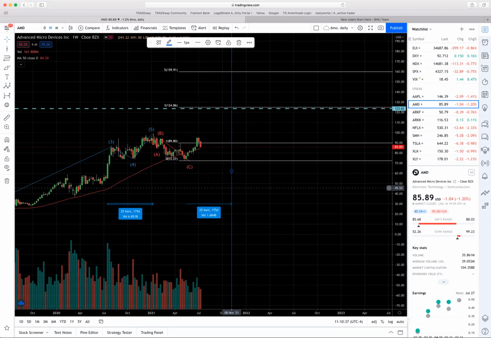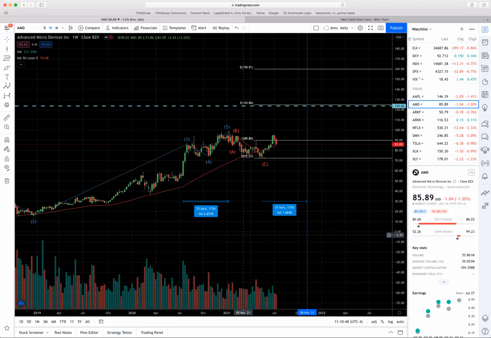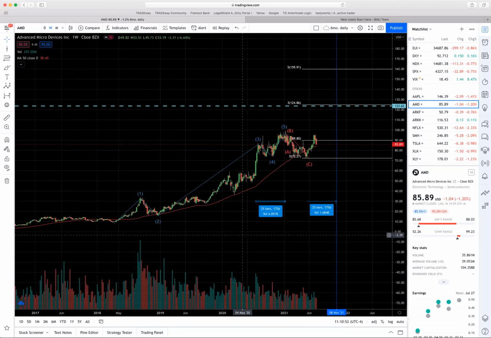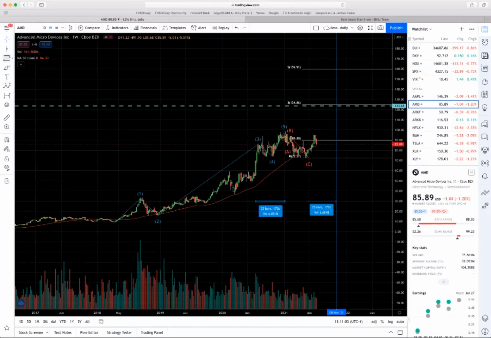Somebody must be in the background. November of 2021 for reaching that 120, 123 range. Again, sue me for not being perfect on the number. But before we leave AMD, let's take a look at the Fibonacci retracements from this grand time frame to see if anything came into play.